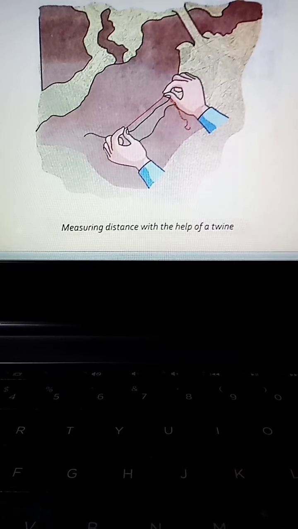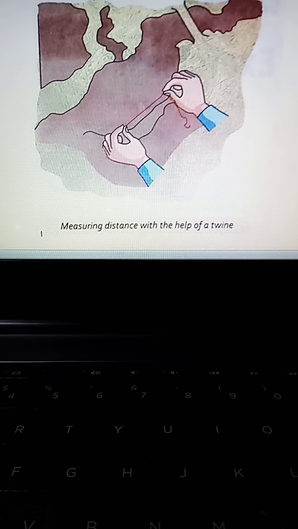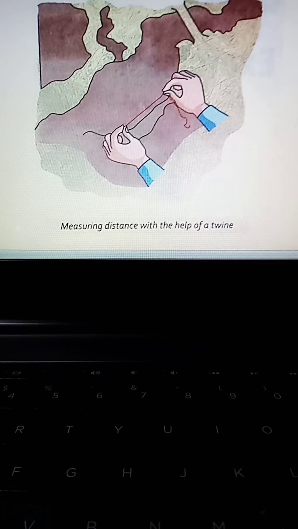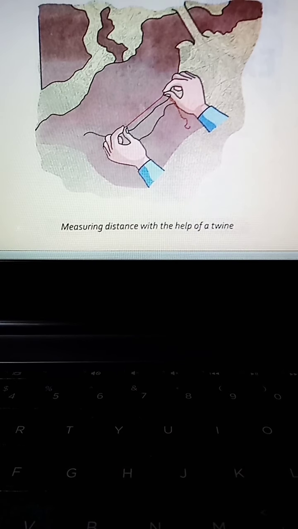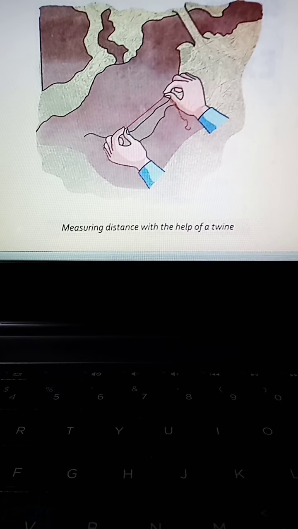Make a knot at one end and place the knotted end on the starting point of the distance to be measured. Now move the twine along the object to be measured by slowly placing the twine bit by bit along the route, following each bend or curve as closely as possible.